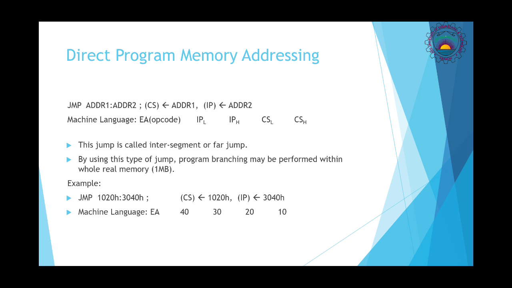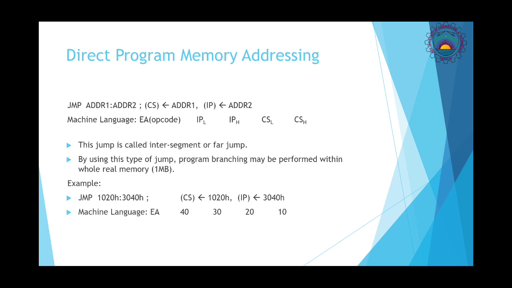This jump is called an intersegment jump or a far jump. It will cover the whole real memory, that is 1 megabyte. In 1 megabyte memory you may jump anywhere by using direct jump.